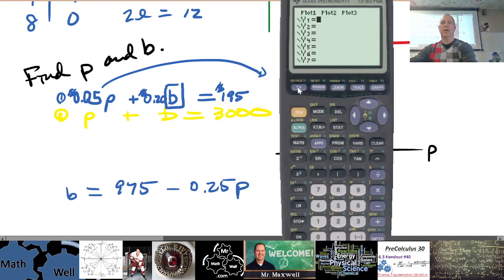So go to y equals, type in 975 minus 0.25x. Your calculator does not have every conceivable variable on the button. It just has x and a few others. So this is what this should look like. Questions there?